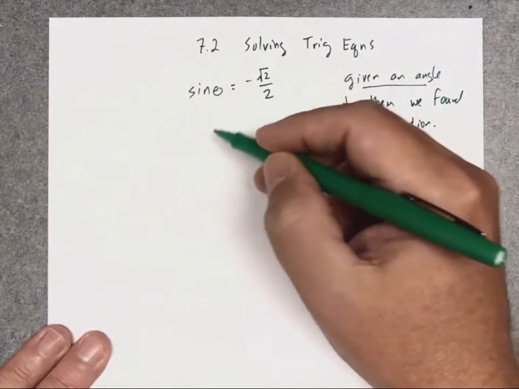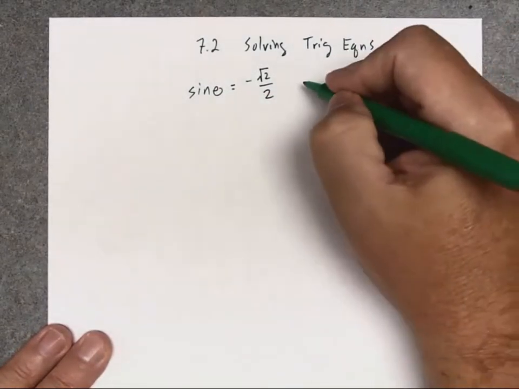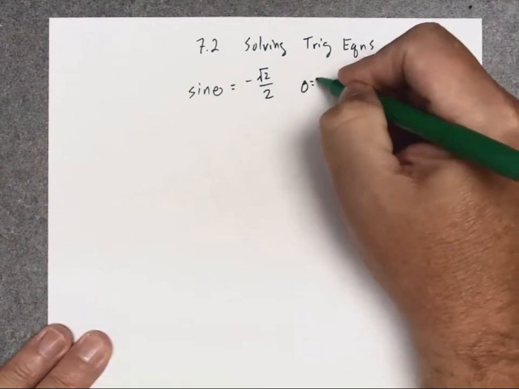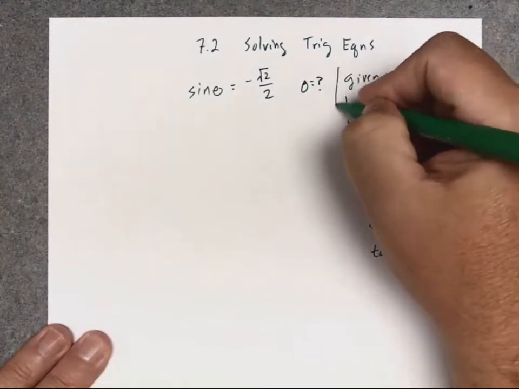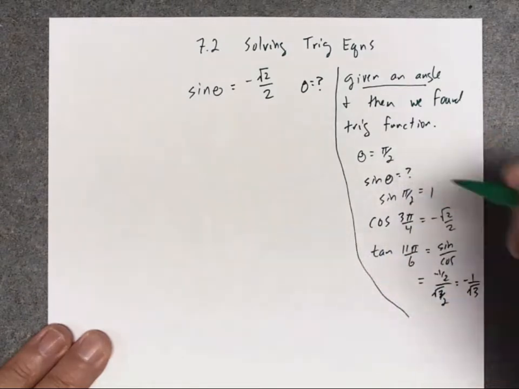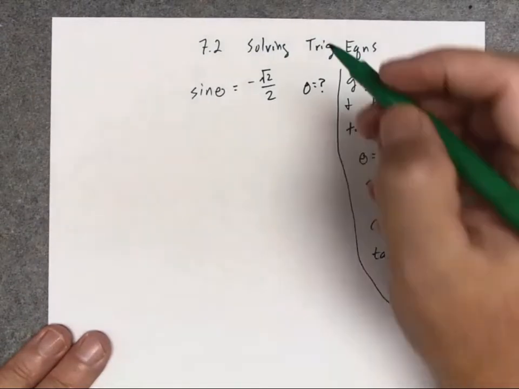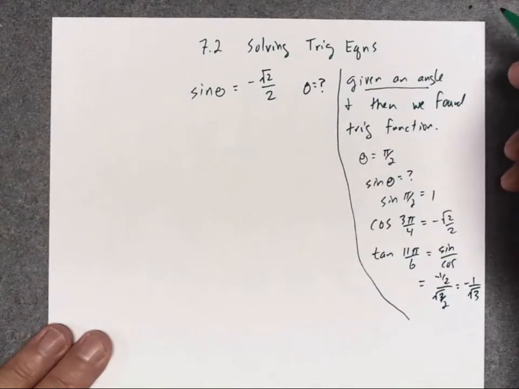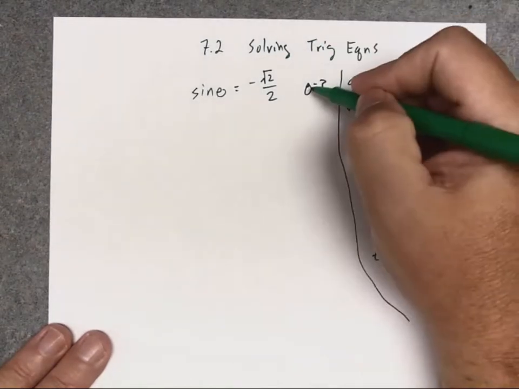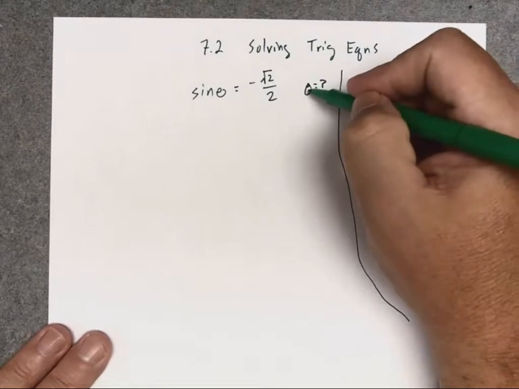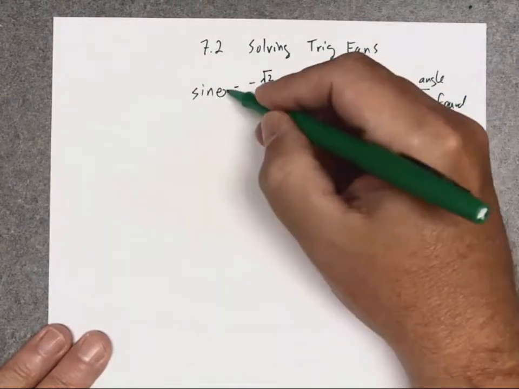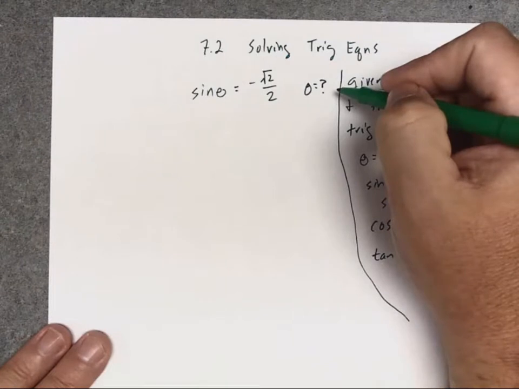For all these trig equations, you're solving for the angle. It's like the angle is your variable. You're trying to find a value for theta that makes this equation true.